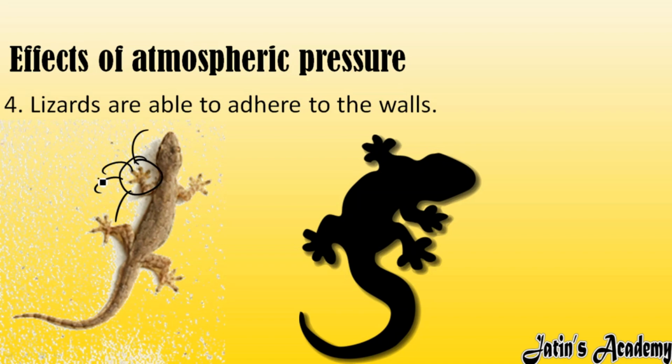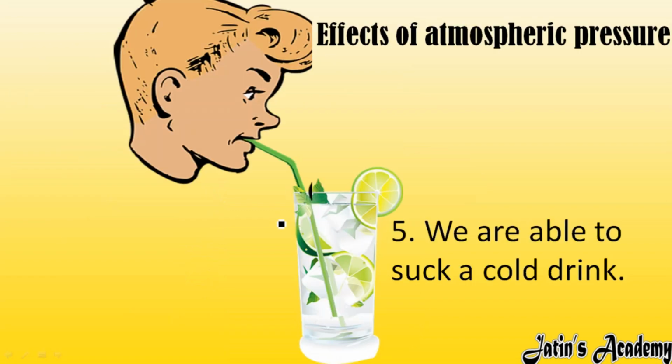And from outside, atmospheric pressure is there, which means outside high pressure is there. So this high pressure allows the lizard to move properly on a wall, which means it can stick to the wall easily.